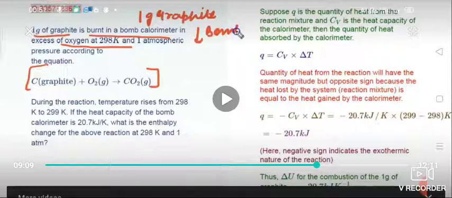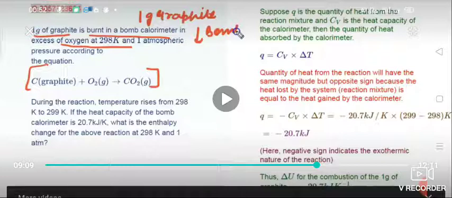When you see the measurement of U, at constant volume delta U is equal to Qv. At constant pressure, delta H is equal to Qp.